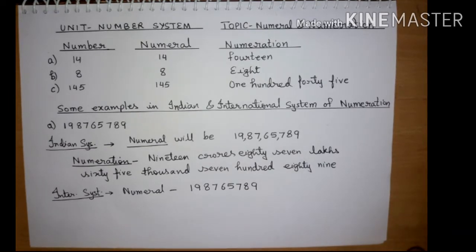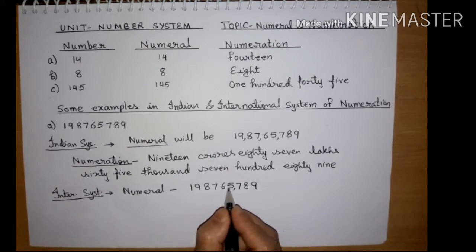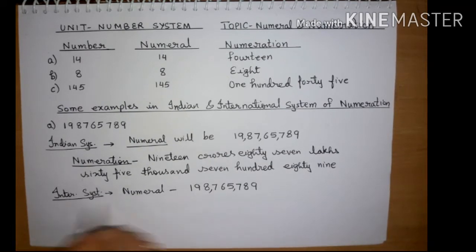Now in the international system, all the periods are of 3 digits. So what we do, we put commas after every 3 digits starting from the right. 1, 2, 3, a comma, 1, 2, 3, a comma, 1, 2, 3. So no more digits, so no more commas.